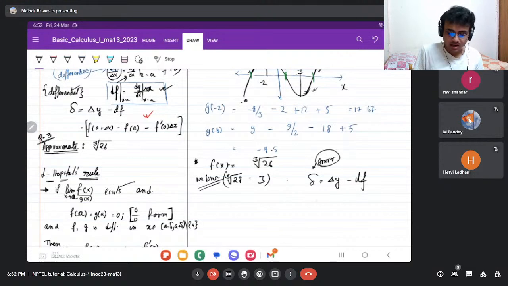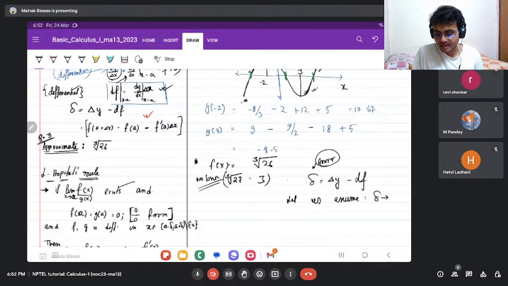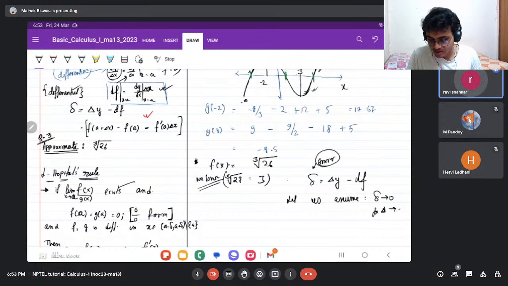Agreed? Now let us consider, let us assume, because delta is very difficult to compute, delta tends to 0. For small delta, it is small compared to other values.